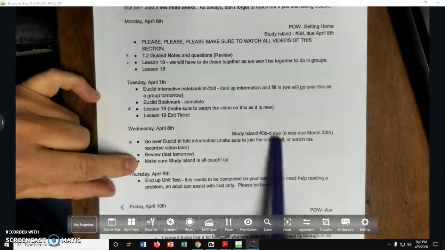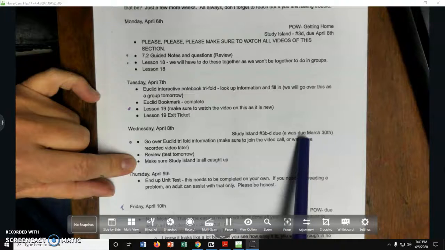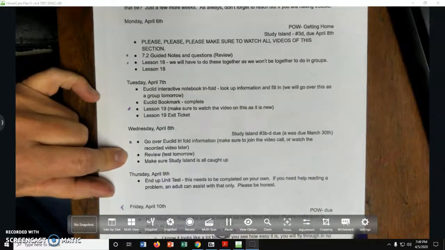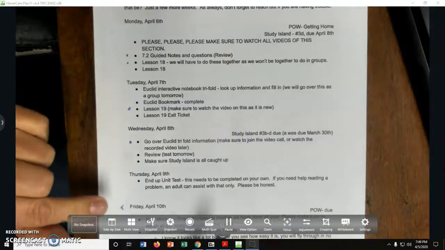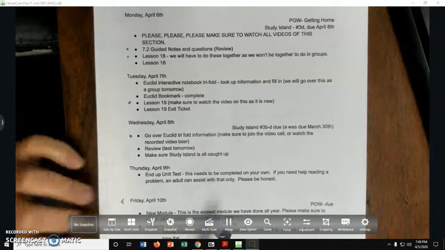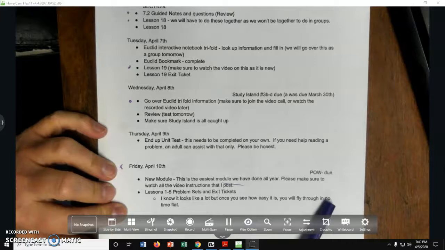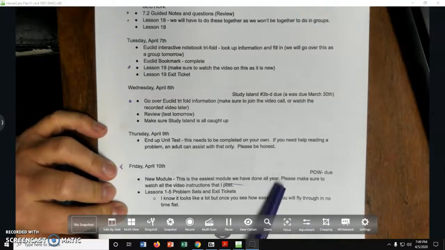This one, letters B through D are due. A was due last Friday, so get those in to me. But this is kind of your day to make sure all of those are caught up and do some reviewing. You'll have your test tomorrow on Thursday, and then Friday, we're going to start a brand new unit. It does look like a ton of work in your packets, but it is so easy, and I will be going over the videos with you.